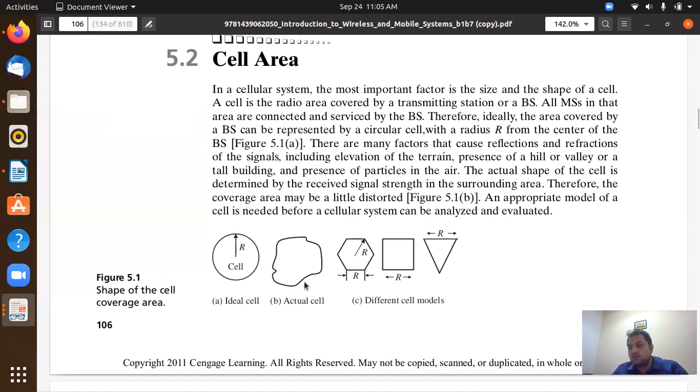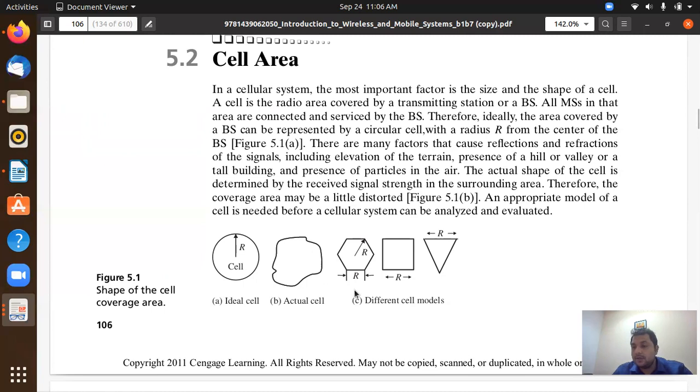This is just to explain that in actuality, when you create the cell, we hope the ideal cell should be circular in nature, but because of the hindrances and interference, the circular shape gets distorted, and we get something like this.